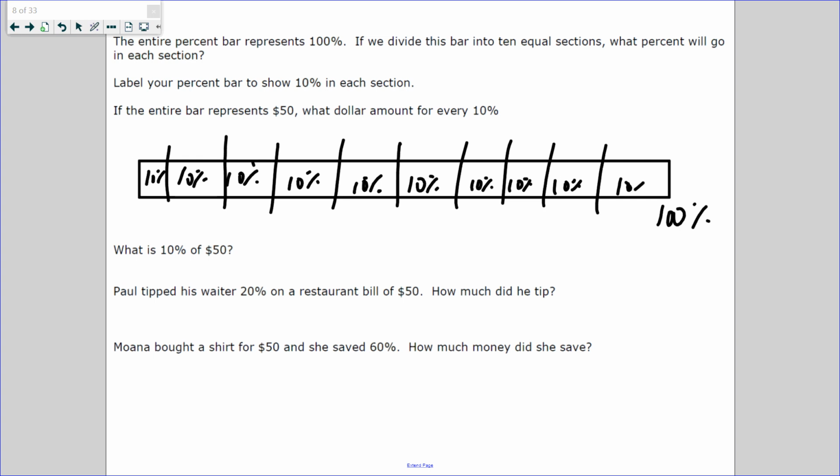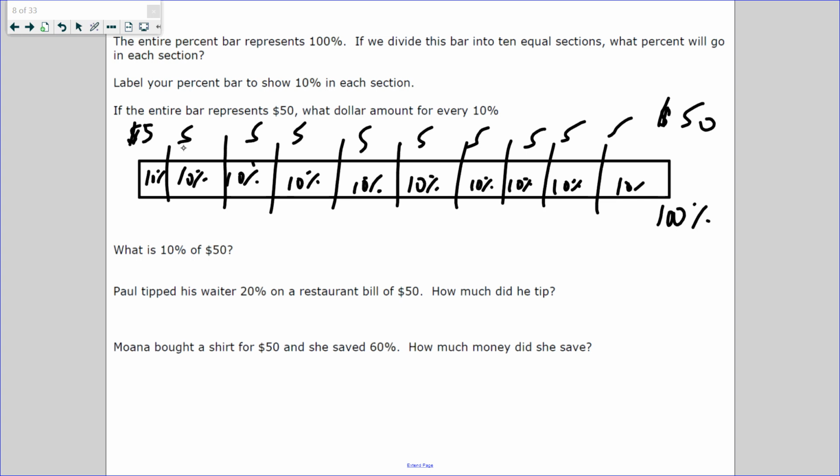If this entire bar also represents $50, what dollar amount goes for every 10%? If I have $50 and I divide it into 10 sections, 50 divided by 10 is $5. I'm just going to write 5 at each one. So every 10% is $5.